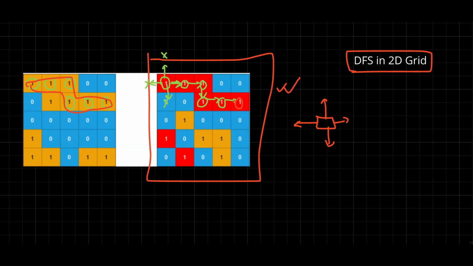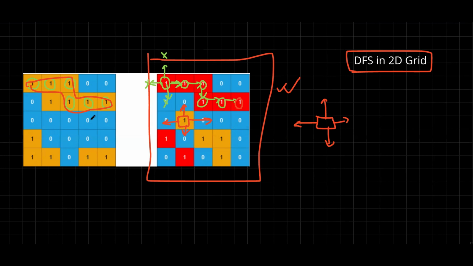Now, suppose for this node, it is a land node which is equal to 1. From here, we can go either up, right, left or down. But all of the cells are equal to 0, which is water, so we cannot move.